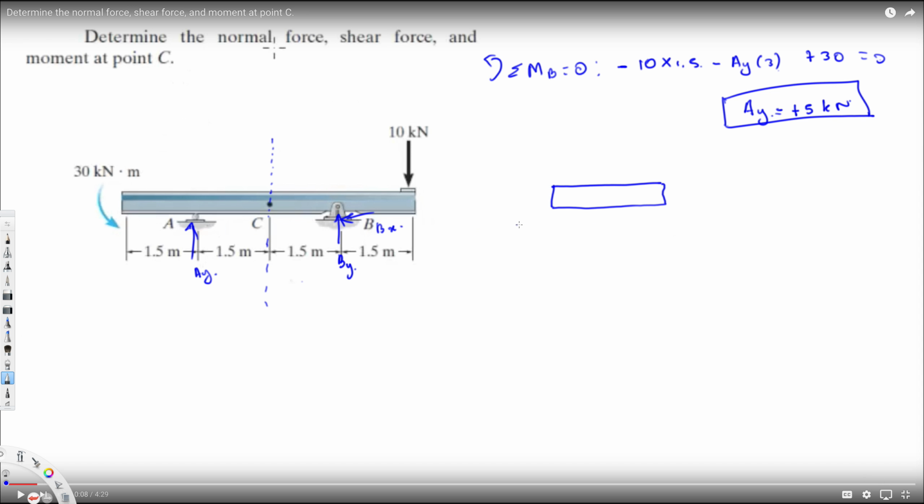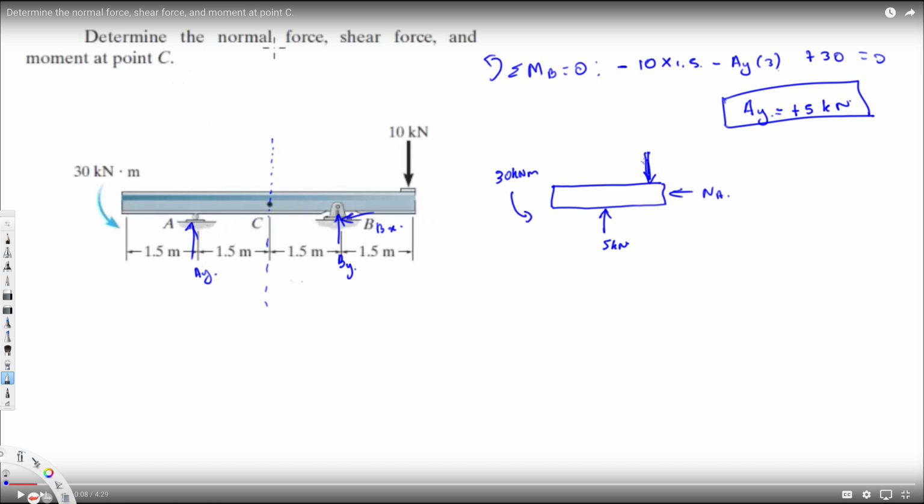We have Ay in the middle, which we found is 5 kilonewton, and 30 kilonewton meter acting counterclockwise. And also we are going to have normal force Na. Let's assume the direction of the shear force, and if we get a negative answer, it means the assumption is wrong and we can correct it.